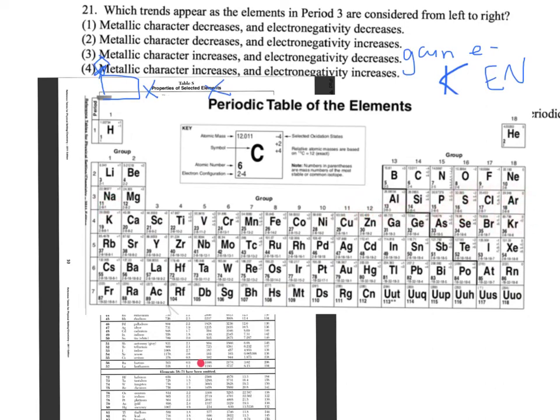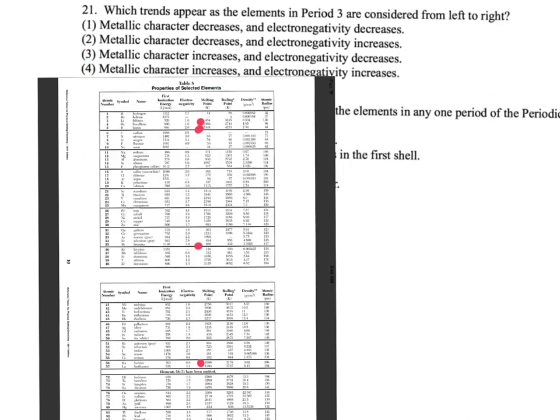So the metallic character is decreasing. And now we need to evaluate what is happening with the electronegativity. So we can evaluate electronegativity using reference table S. Notice on reference table S, here are the period 3 elements, and the electronegativities are listed. We'll see that there is a general increase in electronegativity.